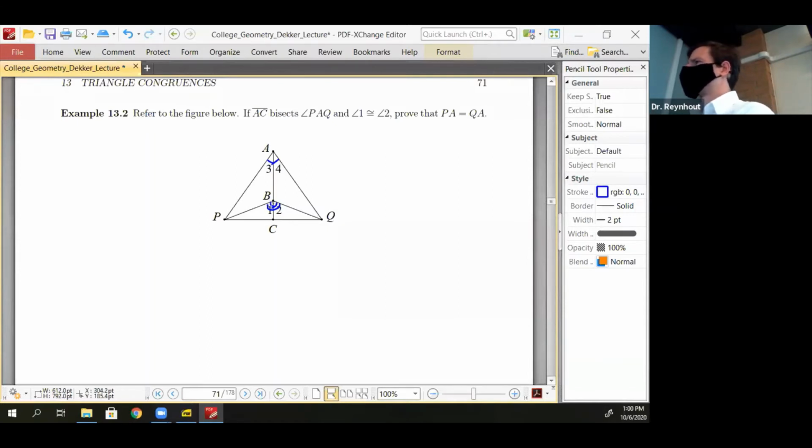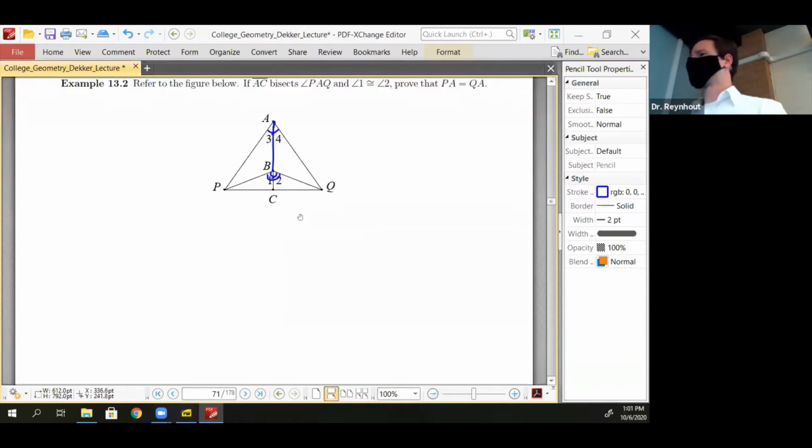Notice that the segment from A to B is congruent to itself. So we have an angle and a side, and because this angle and this one form a linear pair, we can use the appropriate theorem, the supplementary theorem, to say those two are also congruent. And then we have angle side angle. That's the approach we want to take.